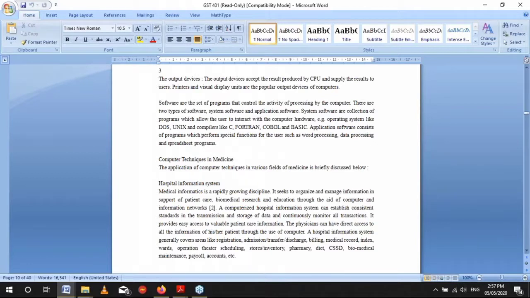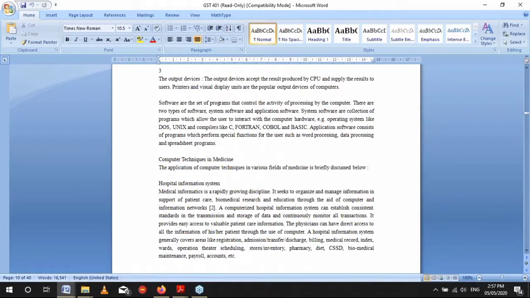What do we mean by computer techniques in medicine? Hospital information system. I want you to note this. What do we mean by this?